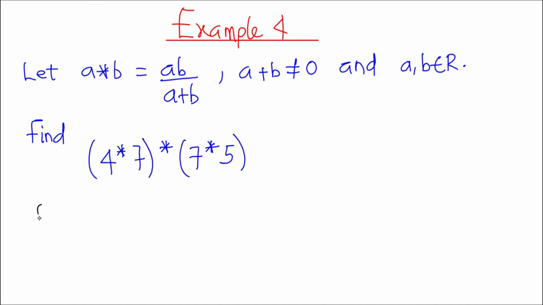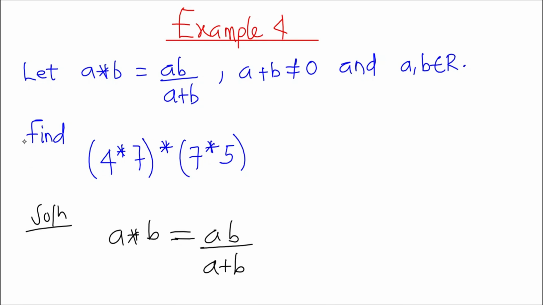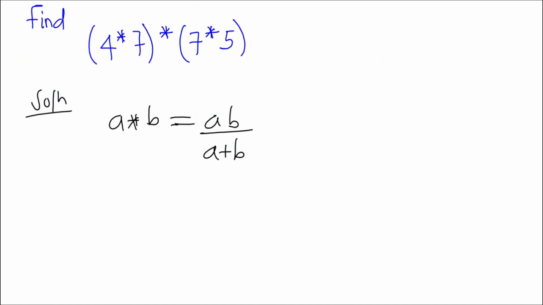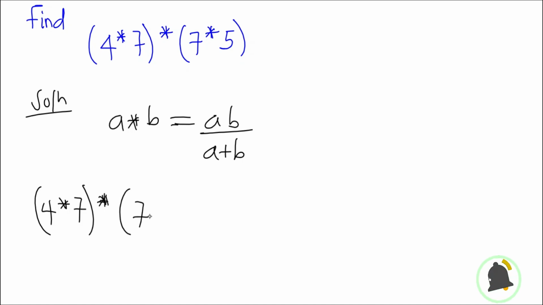So first, like we always do, we have to write our given rule, that is A star B is equal to AB divided by A plus B. And the question says that we should find (4 star 7) star (7 star 5).